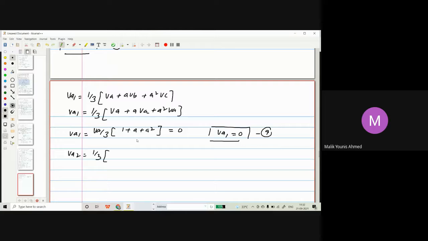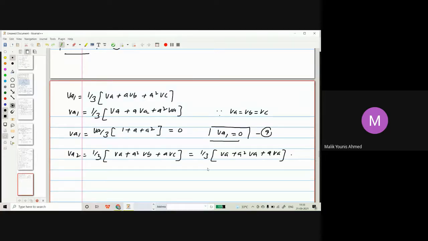We have 1/3 of VA plus A square VB plus AVC. So again we'll be putting the value: VA plus A square VA plus AVA, because VA equals VB equals VC.